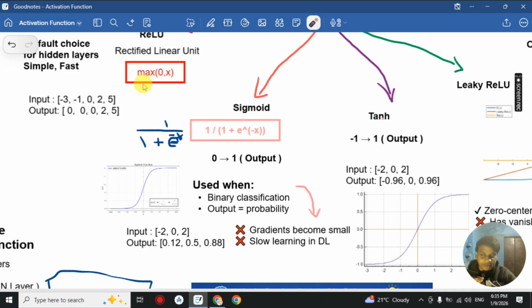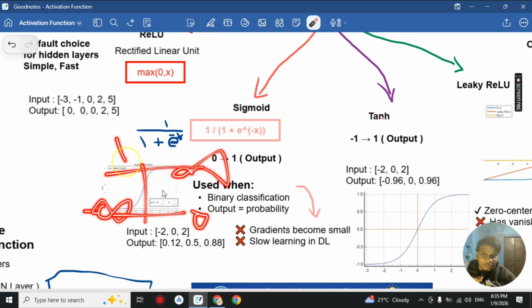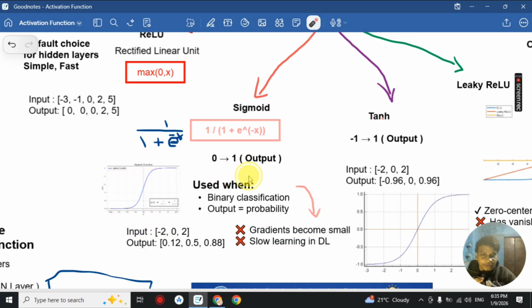With ReLU we get an output from 0 to any number, but here we always get an output from 0 to 1. If you see the graph, you will see that the values from -infinity to infinity of the x value always lie between 0 and 1. It is basically used during binary classification.